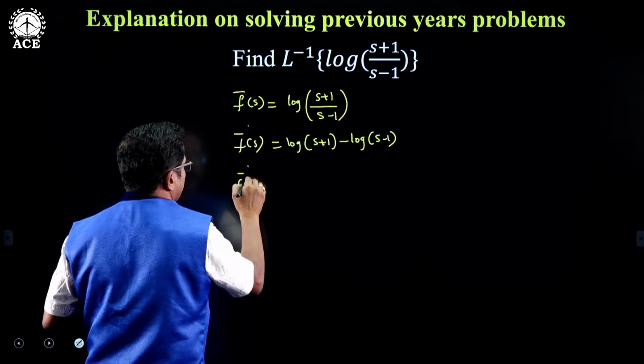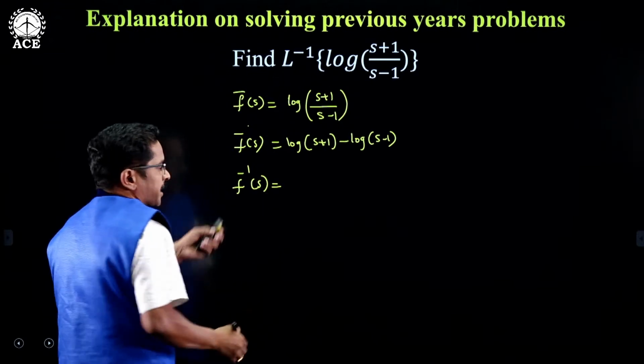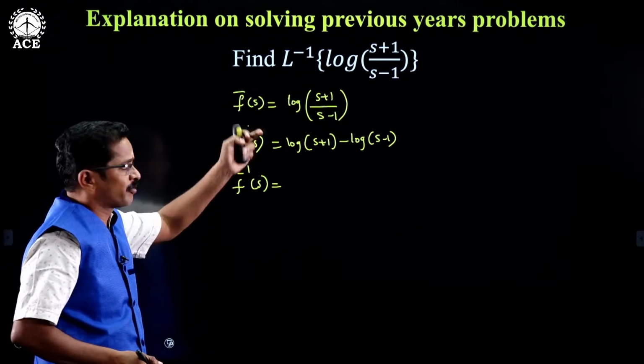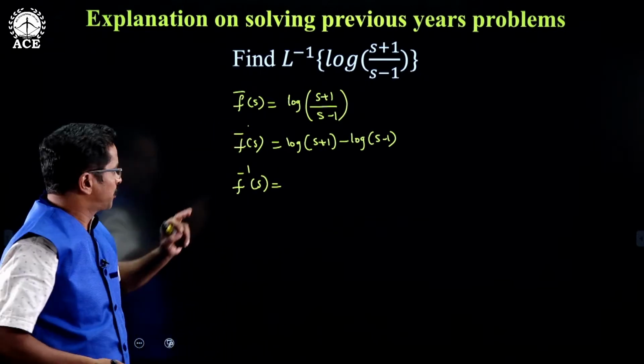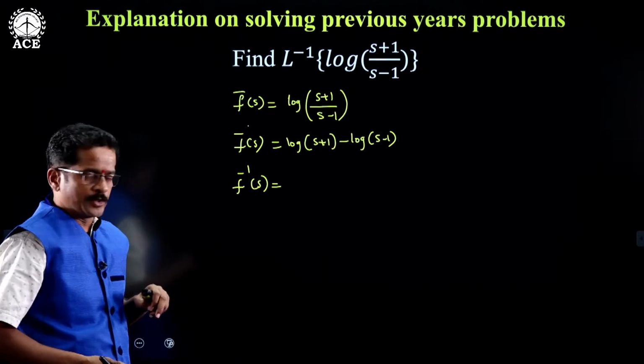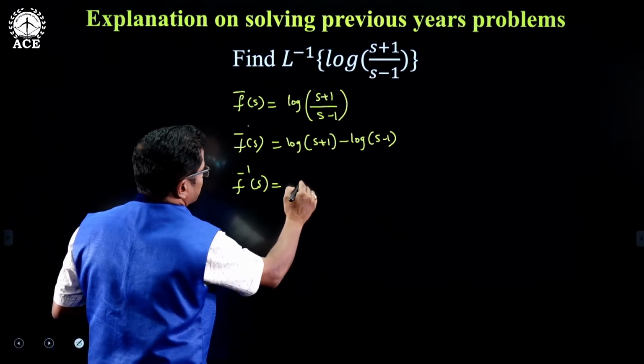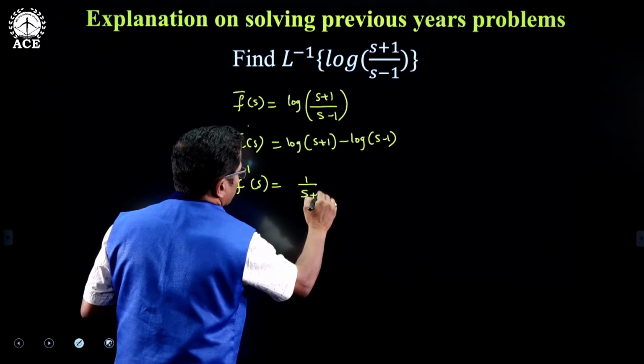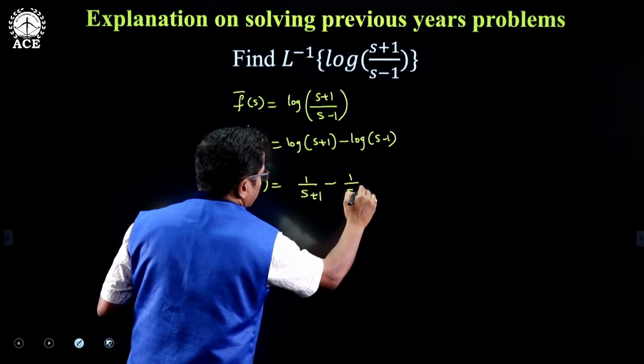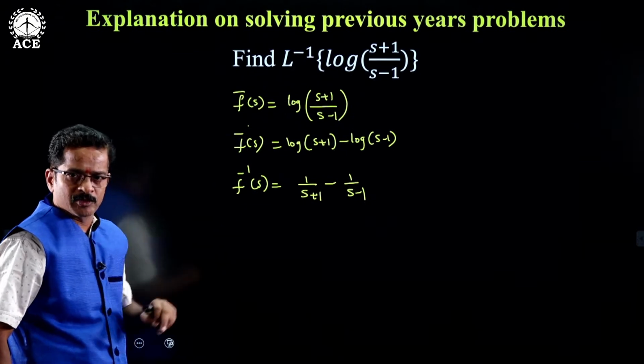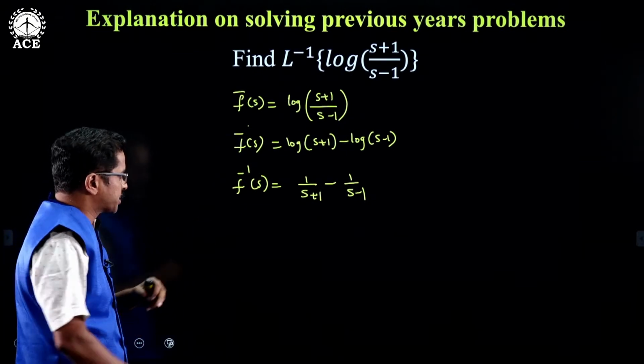Now I am just taking the derivative because I cannot evaluate the inverse Laplace transform of logarithms directly. So I am going for the inverse Laplace transform of derivatives concept. So the derivative of log gives 1 by s plus 1 minus 1 by s minus 1. Now take the inverse Laplace transform on both sides.